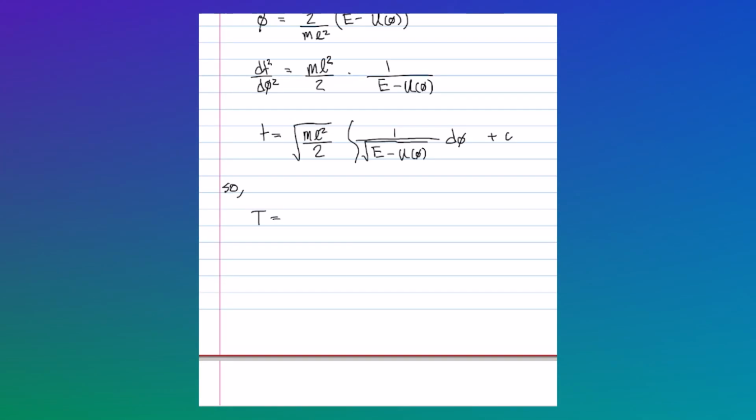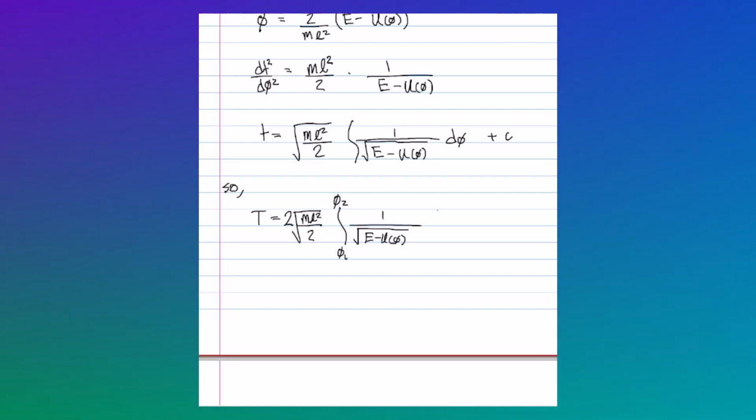Now, to actually determine the period, capital T, we're going to take this integral and evaluate it over a specific interval of phi. So we're going from phi1 to phi2, and we're taking 2 times that interval.